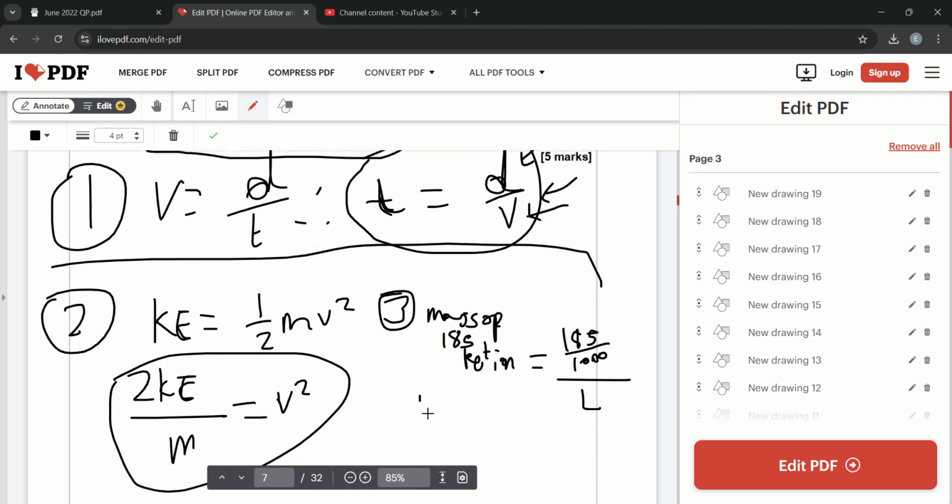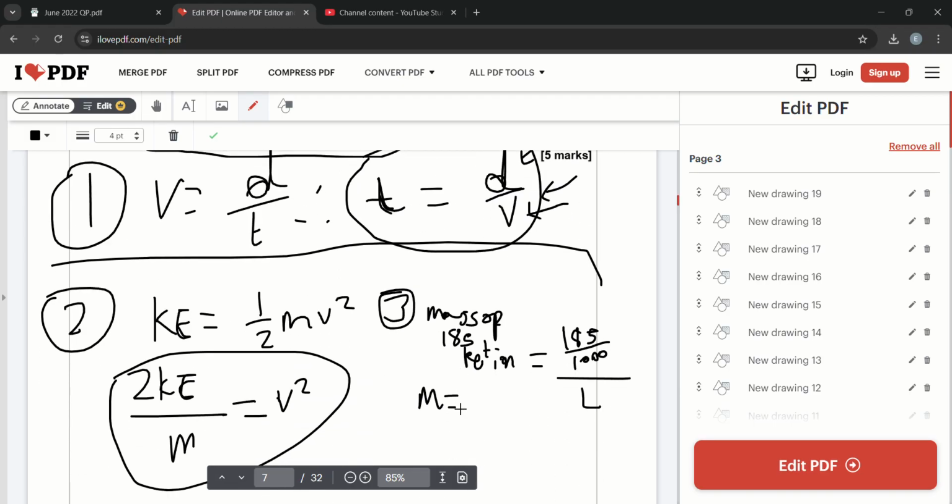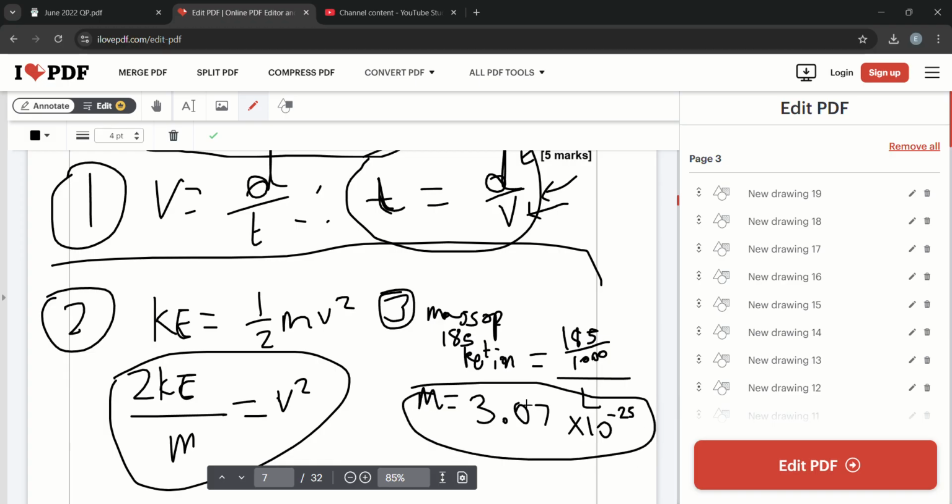Therefore m is equal to 185 divided by 1000, or times by 10 to the power minus 3, whichever way you prefer, and then divided by 6.022 times by 10 to the power 23, and we get 3.07 times by 10 to the power minus 25. Three significant figures.